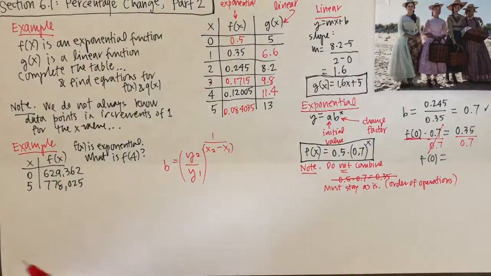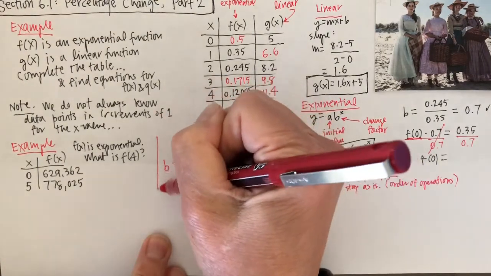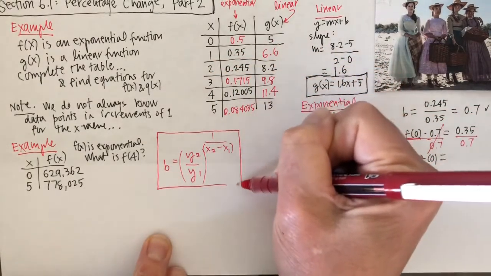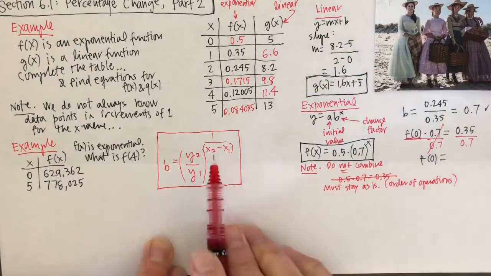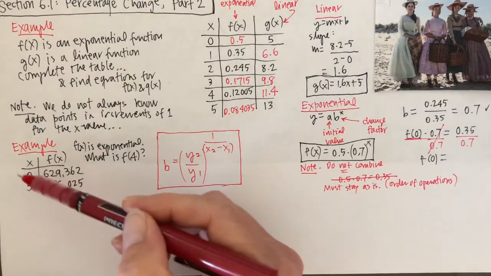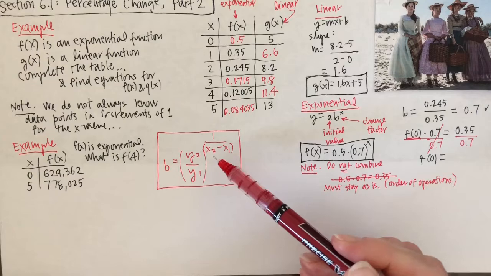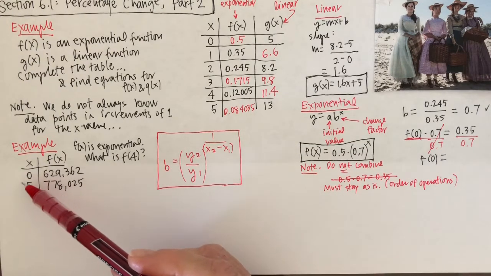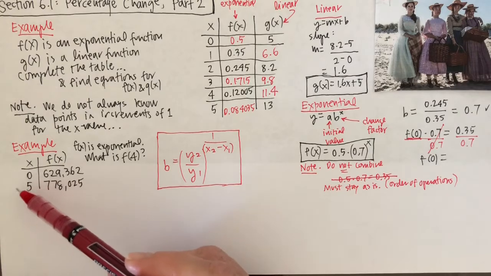Okay, say you have 2 data points, x1, y1, x2, y2. This is the general formula for the change factor. It builds on the way that we were doing it before, but you're stripping away each step along the way. To get from 0 to 5, we were multiplying by the change factor 5 times.